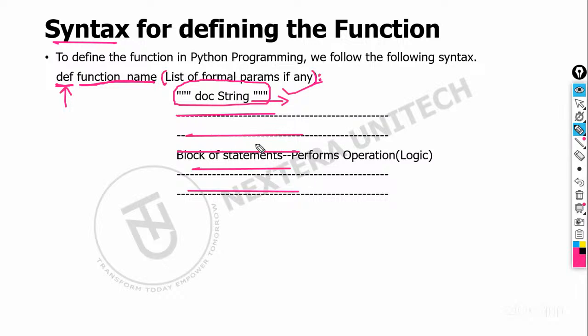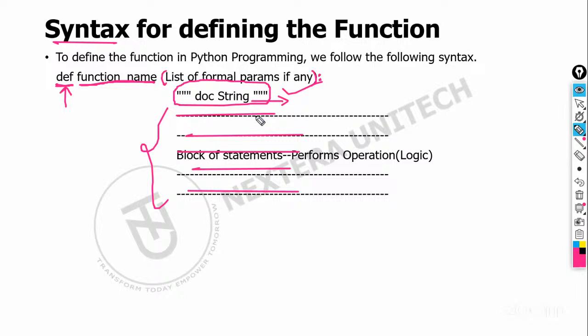Whatever operations we would like to perform, we can list them here. But ensure that the docstring is present as part of this block of statements. That is the good practice.